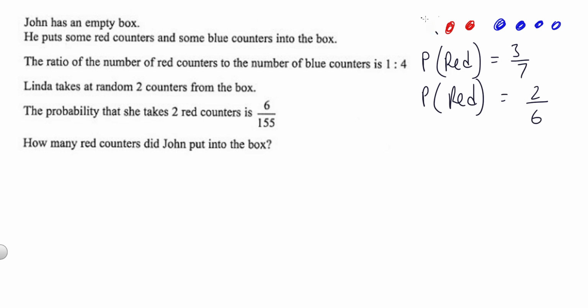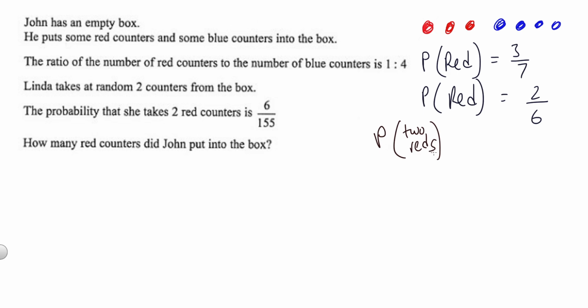Now, if I was to start from the beginning and ask a slightly different question, the question is going to be, what is the probability of picking 2 red counters? Remember, I pick one up, but I don't put it back in again, and I pick another one up.